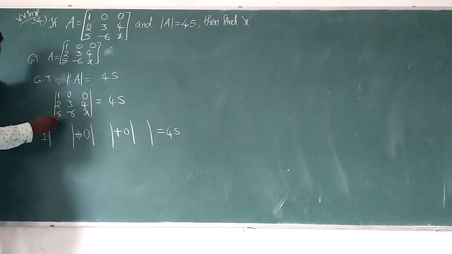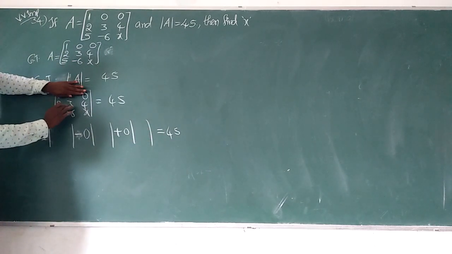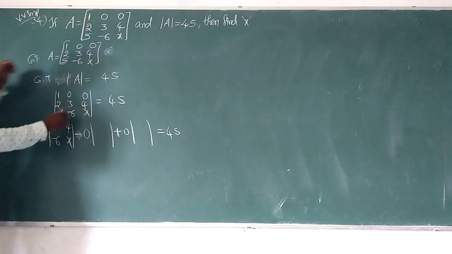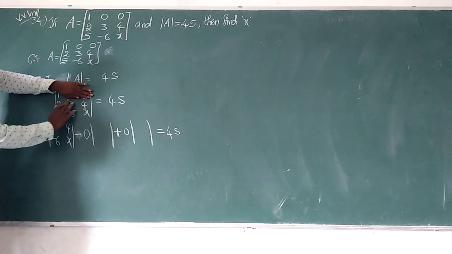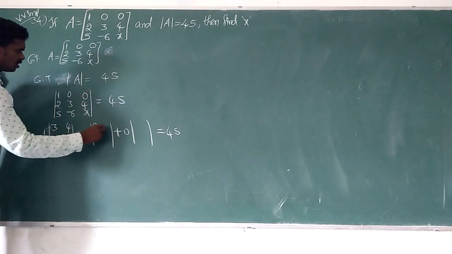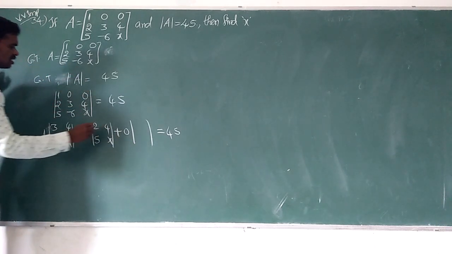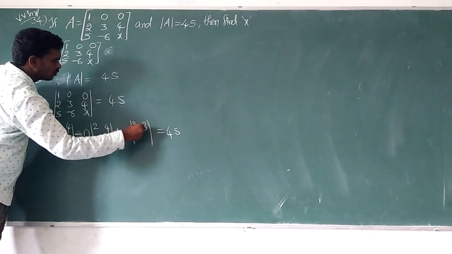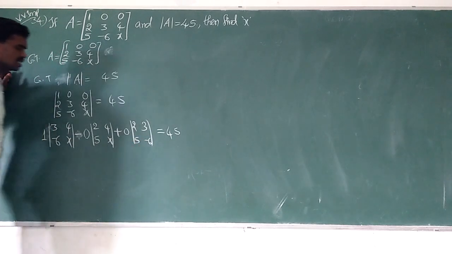For 1, remove its row and column, remaining [3 4; -6 x]. For 0, remaining [2 4; 5 x]. For the other 0, remaining [2 3; 5 -6].